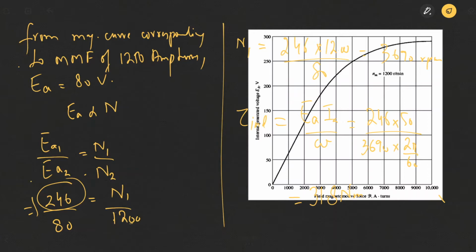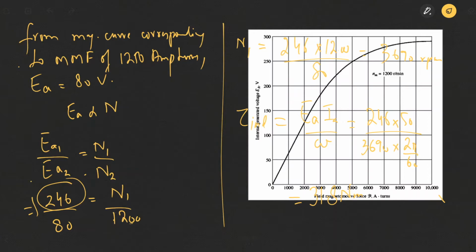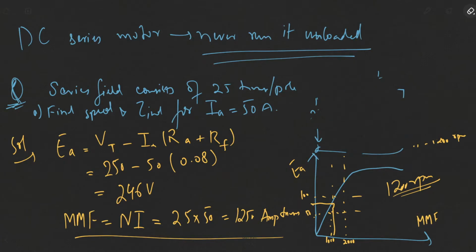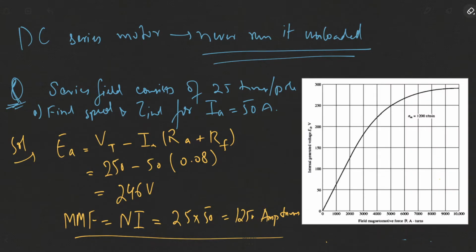Here you can see it is an MMF versus voltage plot. Corresponding to 1250 we need to find out the value of induced voltage.